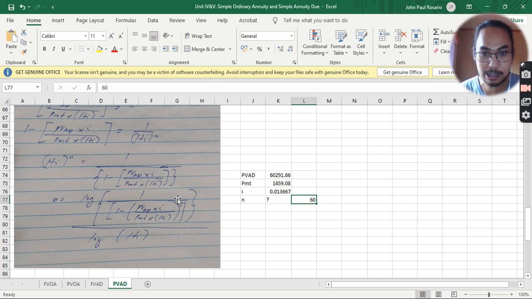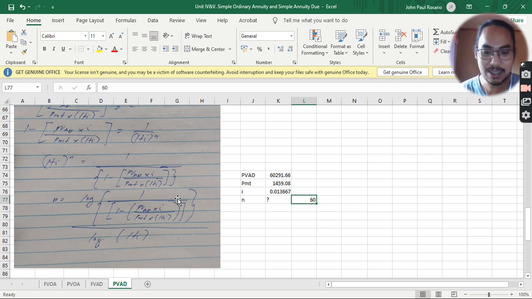PVAD is 60,291.66. Multiply that by our I of 0.164 over 12. And then all over payment of 1459.08.